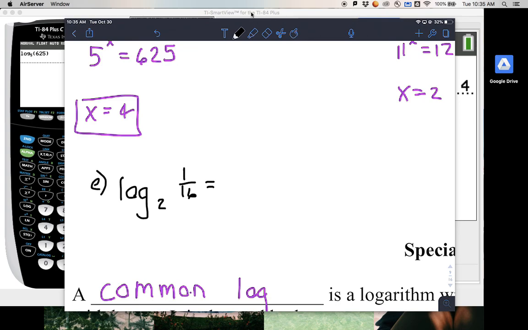So go ahead and add this. We'll call this example E. We'll set it equal to x. We'll do 2 raised to x equals 1/16.